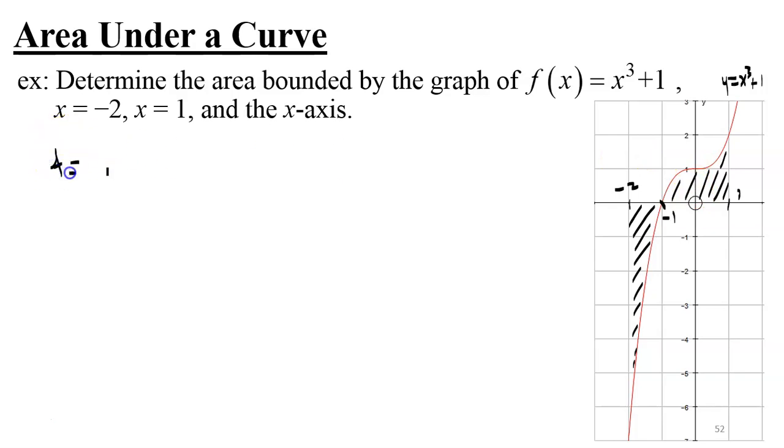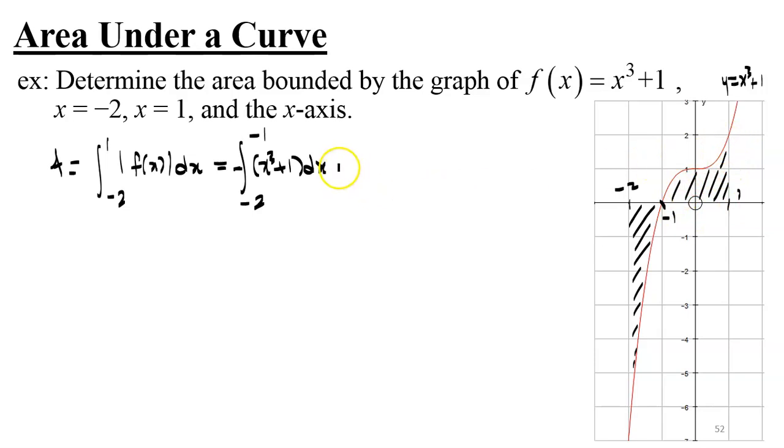So the area between -2 and 1 of the absolute value of f of x would lead me to the integral from -2 to -1 of the opposite of f of x, since over here it's negative, so we multiply this integral by a negative. And then between -1 and 1, since it's positive, it remains plus the integral from -1 to 1 of x cubed plus 1 dx.